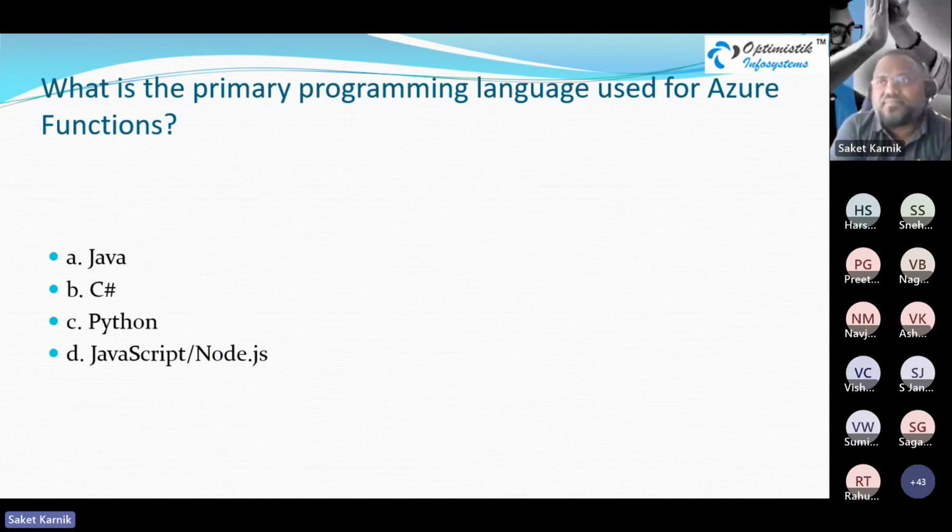You can go ahead. Sure, I guess everyone can see this on the slide. You can put it on chat or you can unmute yourself and shout out whatever is the correct option. What is the primary programming language used for Azure Functions?